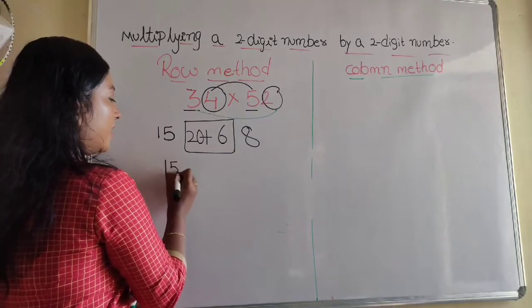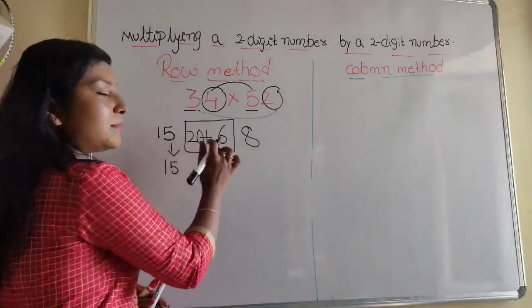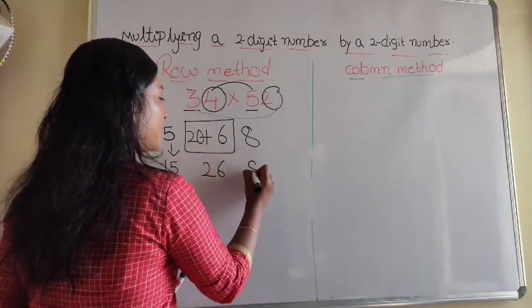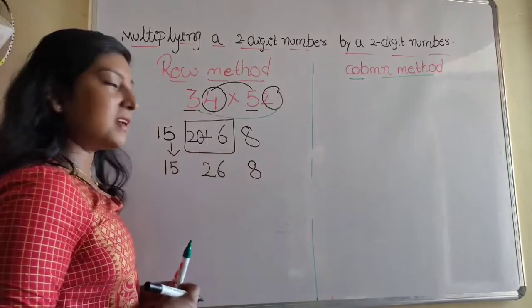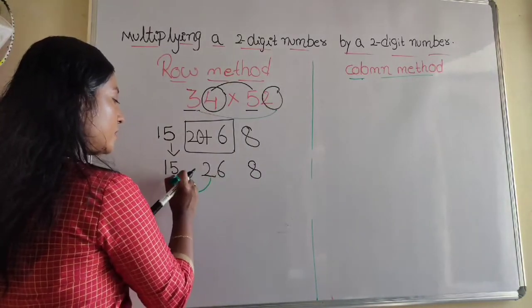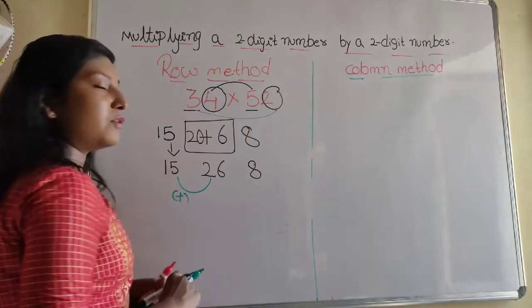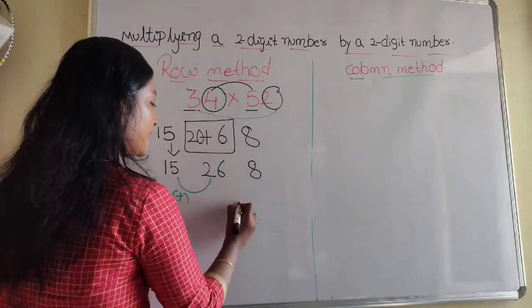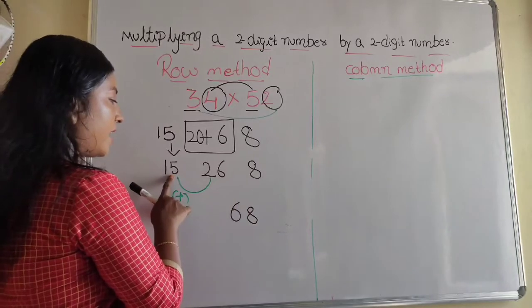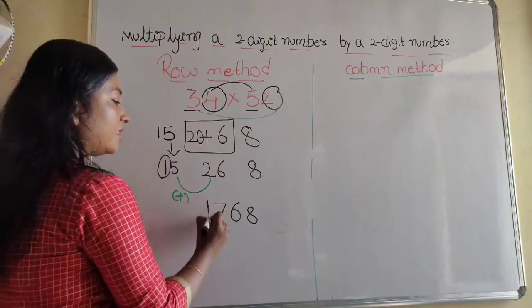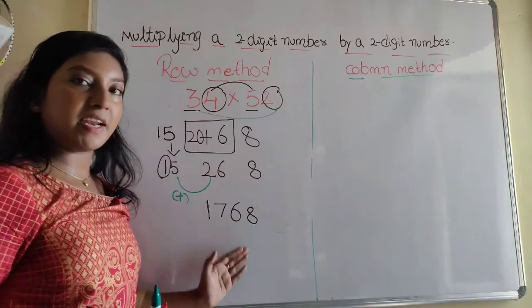Here we are getting the same number down, and 20 plus 6 gives 26, and get this number down, that is 8. So here we have a carryover, that is 2. So do the addition for these two digits and write this number. 8, 6 and 5 plus 2 gives 7, and bring this one down, that is 1768.